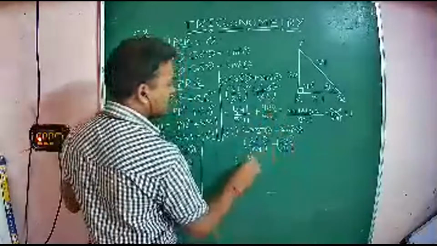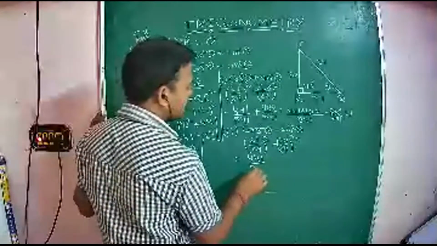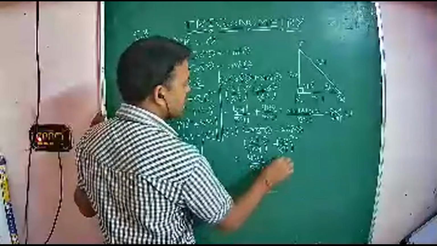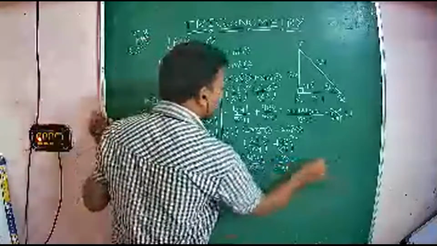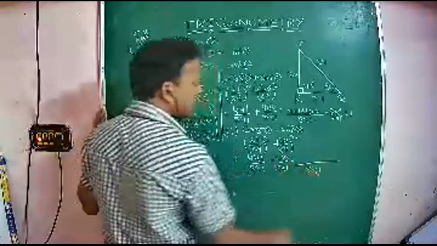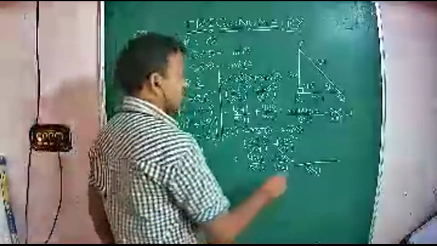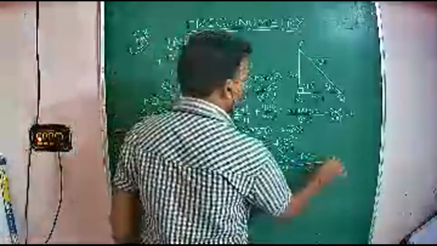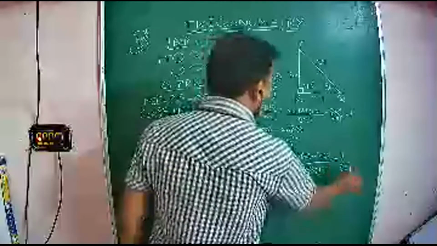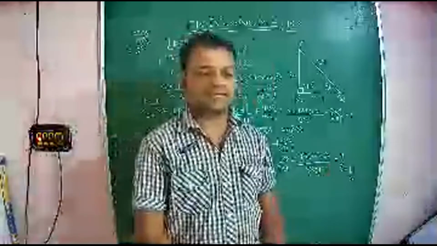So that equals 441 by 841 minus 400 by 841. The LCM is 841, so it is nothing but 441 minus 400, that equals 41 by 841. So that is the final result. Clear, everybody?